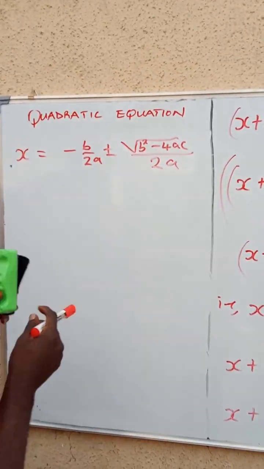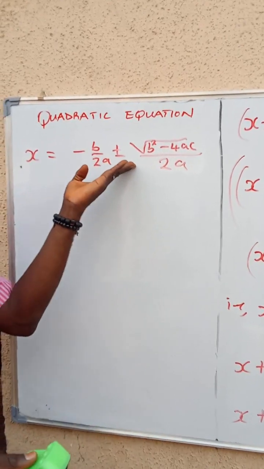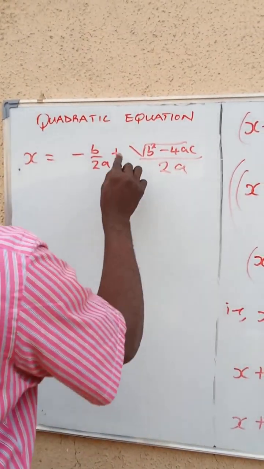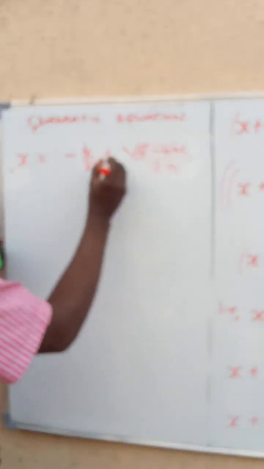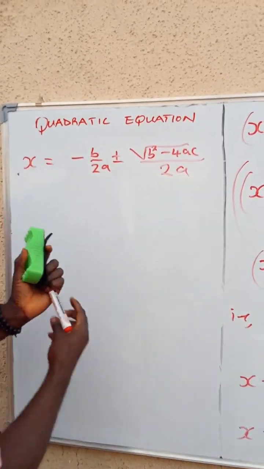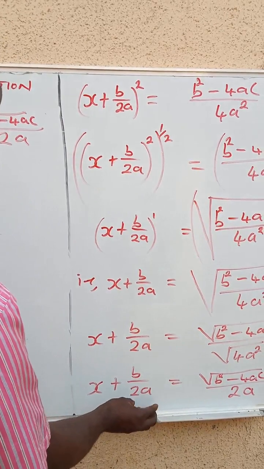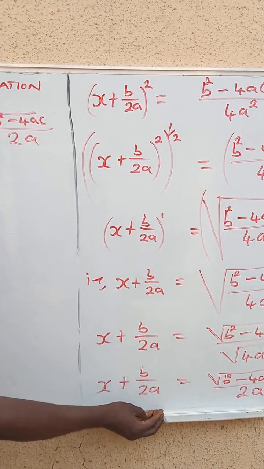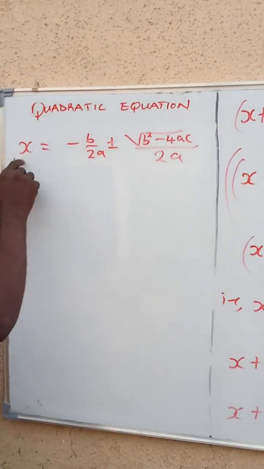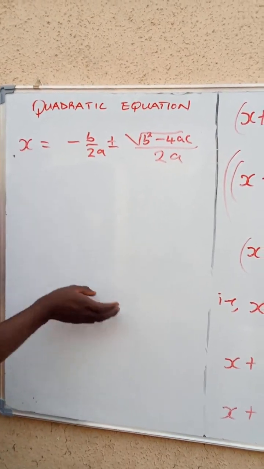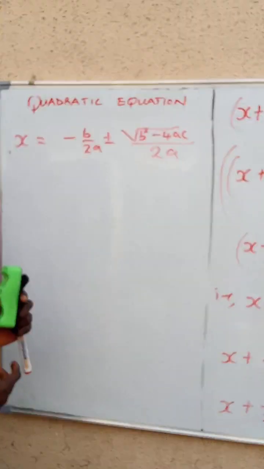When we are talking of quadratic equations, you can expect two answers, so I put plus or minus here. This one was here before, but it crosses to this place and changes to minus b over 2a. Now x is on its own. What I did is to make x the subject of the formula.